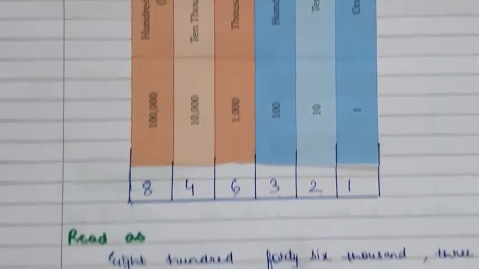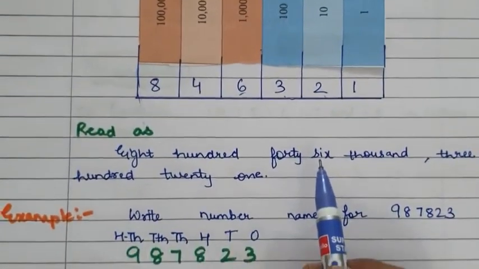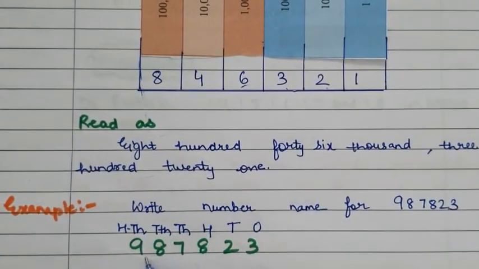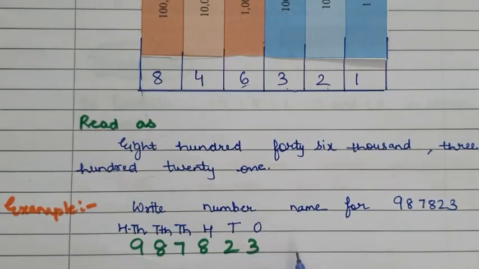Suppose the next number is 987823. The first step is to put the commas.